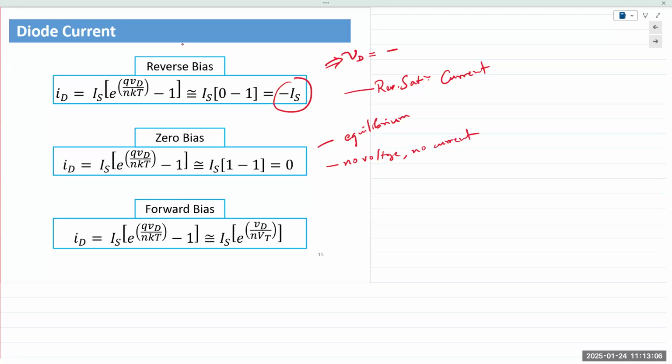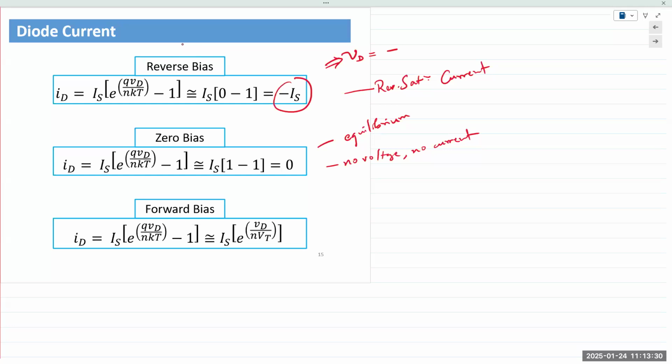And in forward bias, we can break this down: diode voltage over the thermal voltage VT, so e raised to VD over VT.